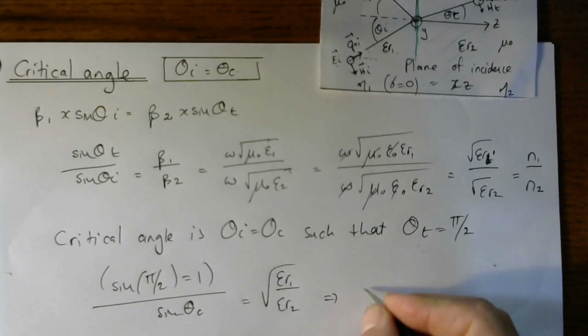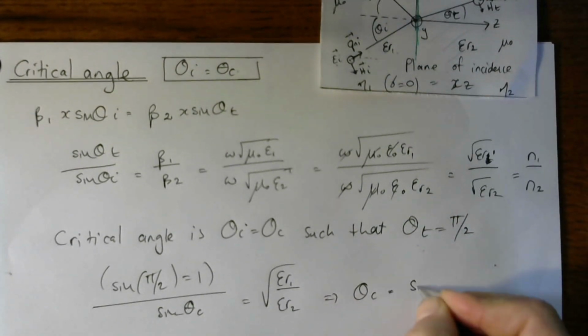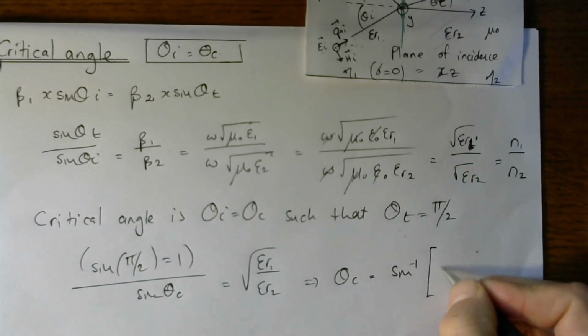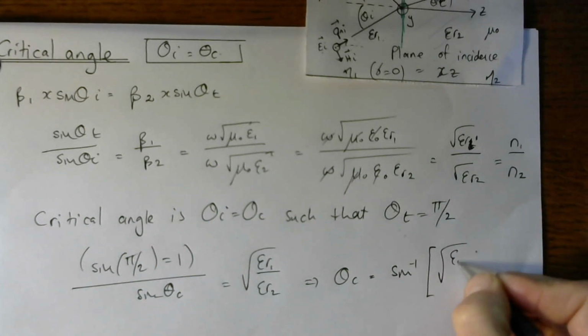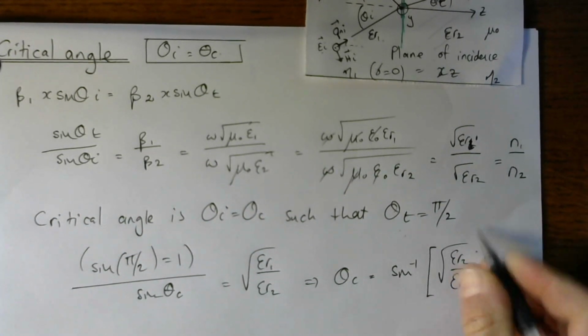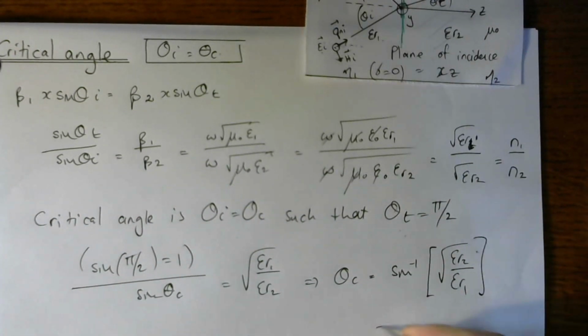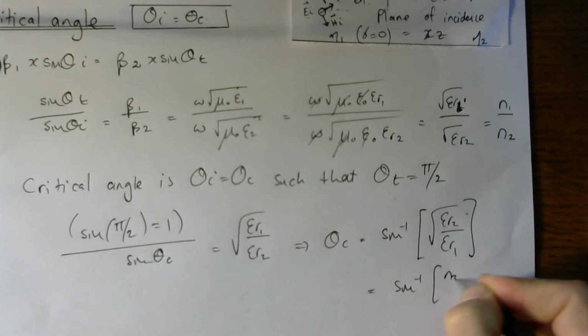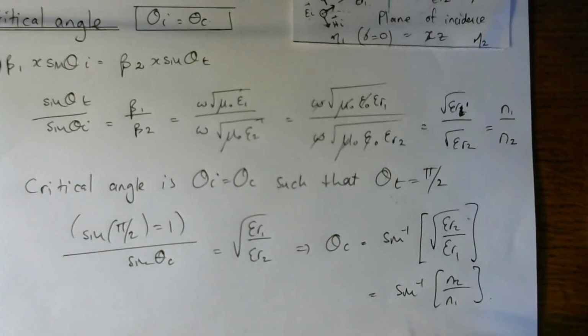So this gives me that theta c is equal to the inverse sine, or arcsine, of the square root of epsilon r2 over epsilon r1. Or if I express this using my indices of refraction, n2 over n1. And that's it.